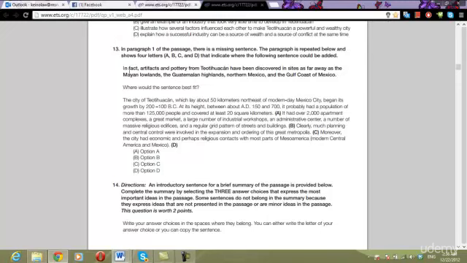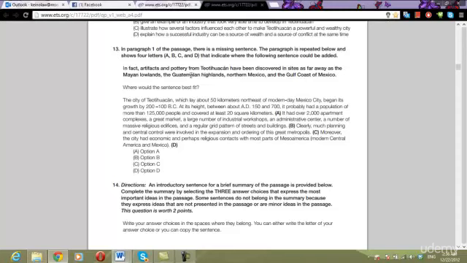Because of the word in fact, I know my previous sentence has to mention something about other sites being far away and artifacts and pottery. That means D is our answer choice. The previous sentence says, moreover, the city had economic and religious contacts with most parts of Mesoamerica.